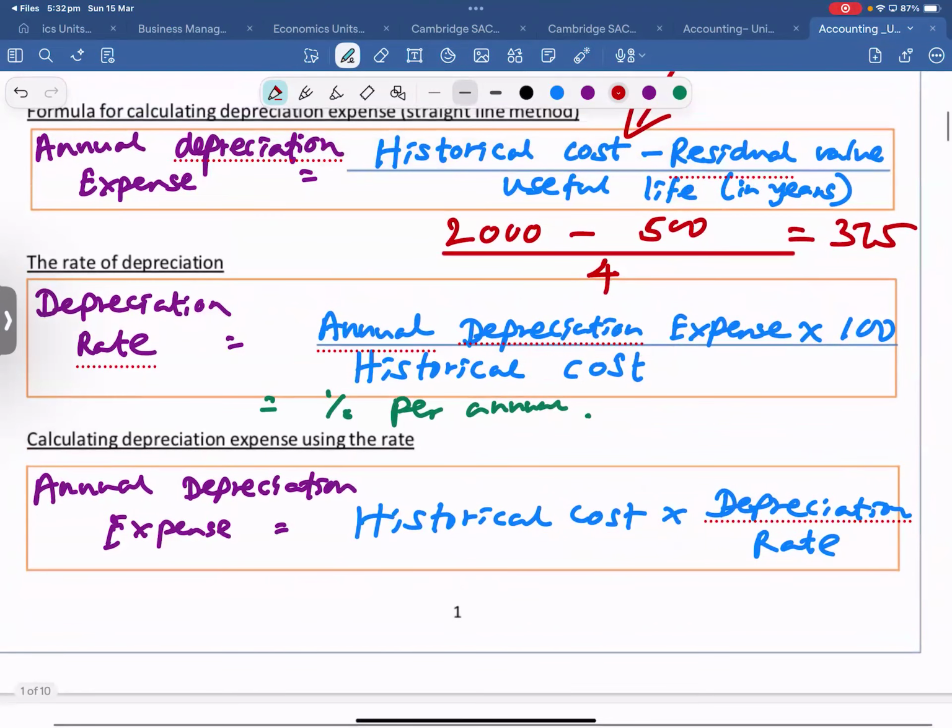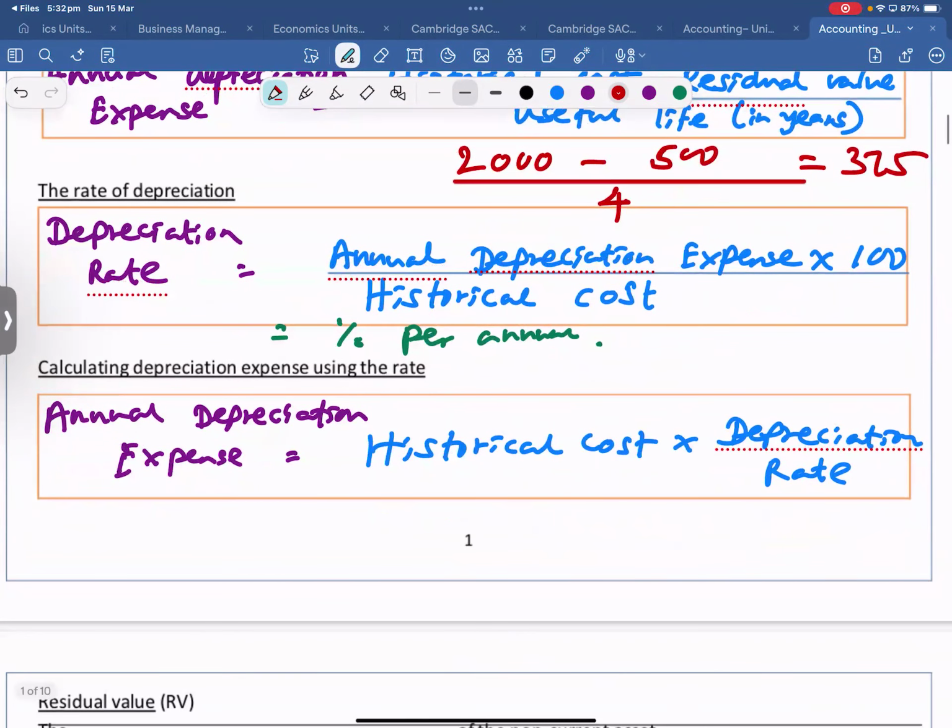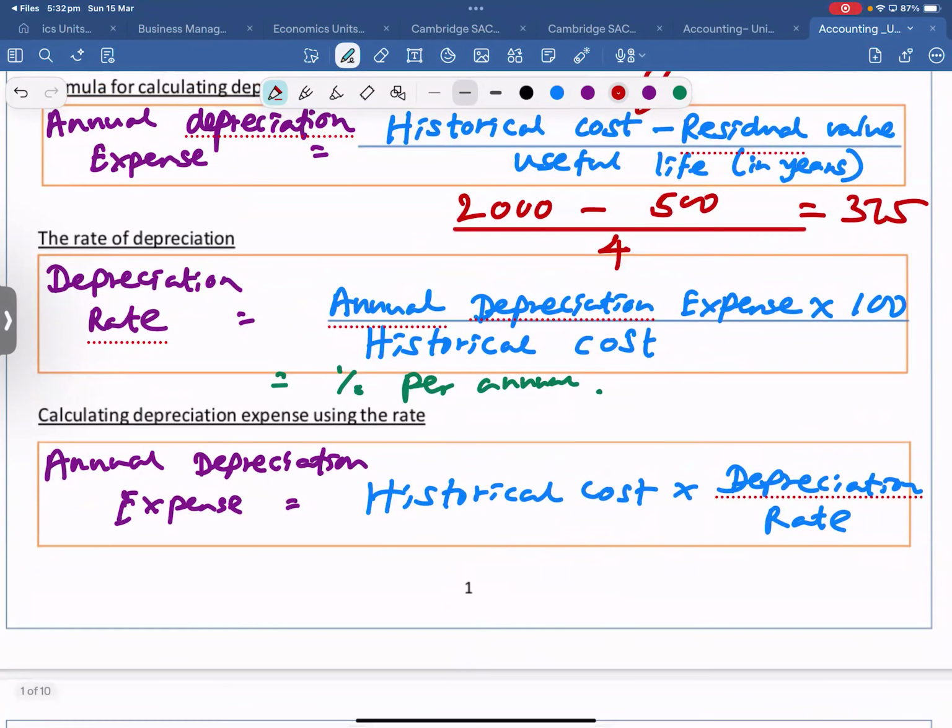Okay, guys, then how do we get the depreciation rate? According to our example, 375 divided by 2000 times 100, which is 18.75.